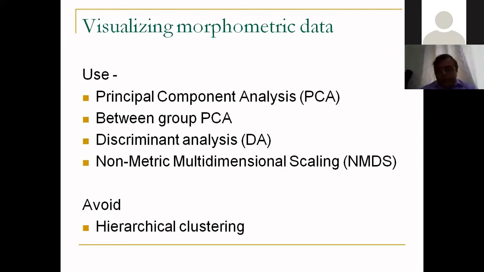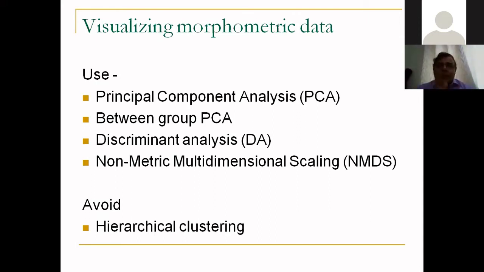Now there are many multivariate methods. I will not be able to go through all of them, but I'll make the concept of PCA clear, and then I'll just briefly go through other methods as well. I'll also suggest one more thing: avoid hierarchical clustering. Many people have this idea that you have multivariate data, you just find some distance matrix and do a hierarchical clustering.